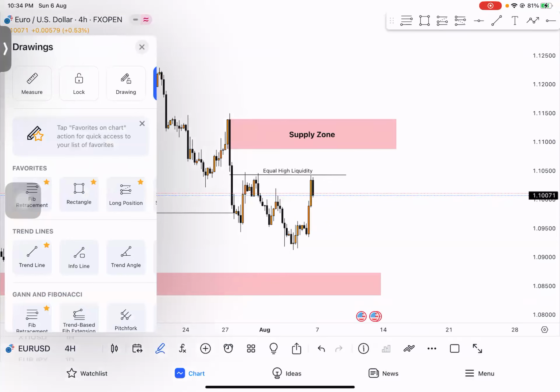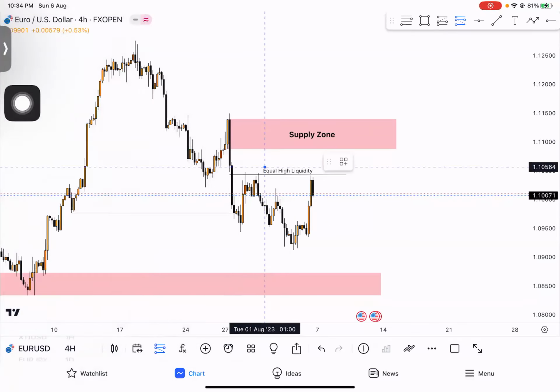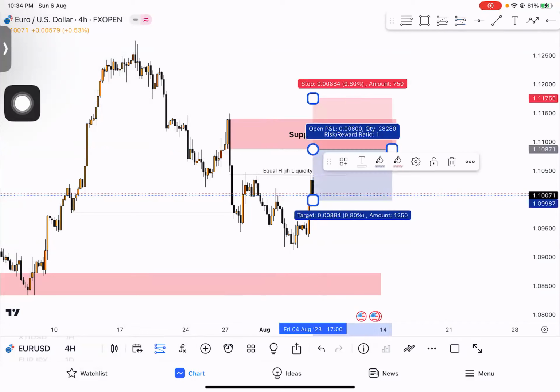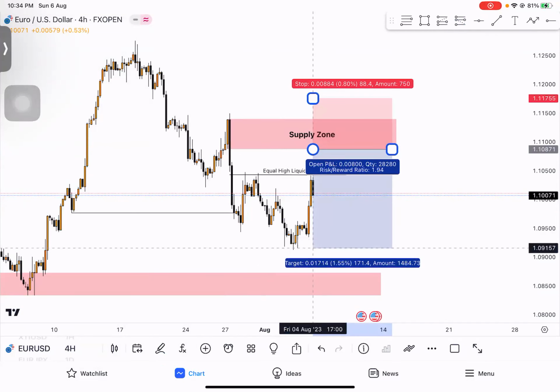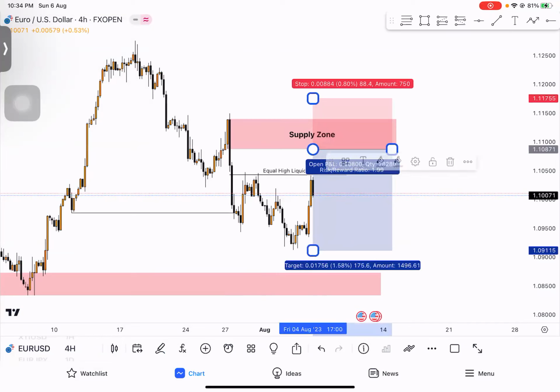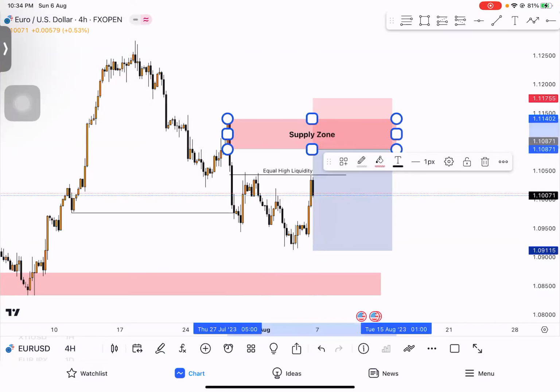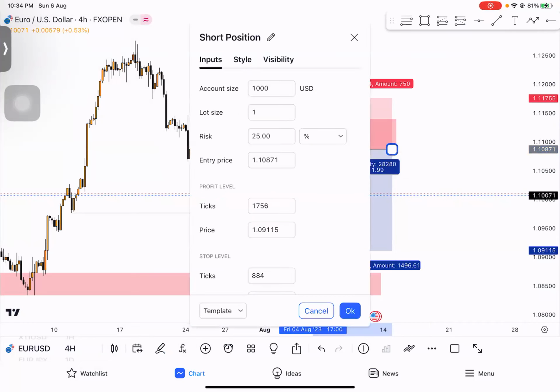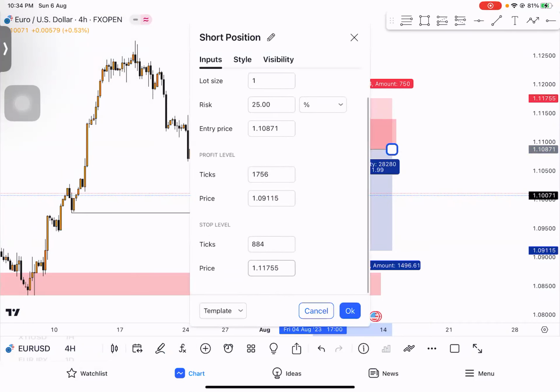But remember to set your SL. If you're entering right here, your TP will be on the previous low here, and your SL should not be more than 20 pips. In case you are entering right here on the zone, until 400, then SL will be on 600.